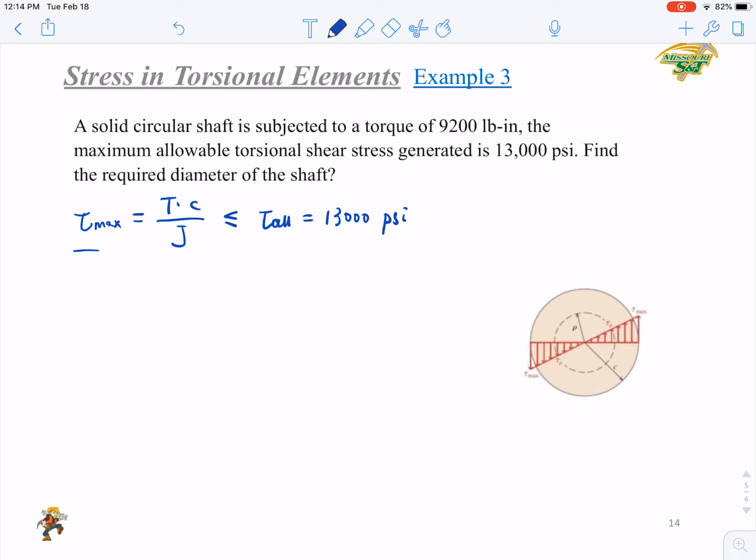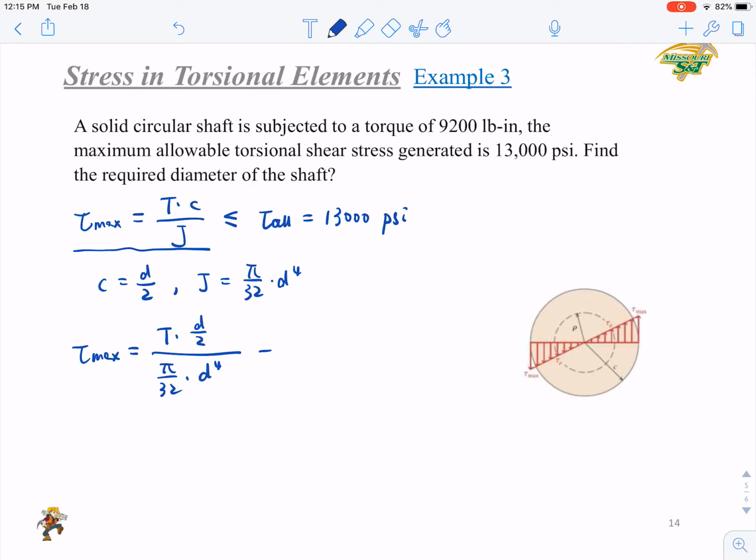Okay, so in this equation, our C equals D over 2, and J equals pi over 32 times D to the fourth. So tau max equals T times D over 2 over pi over 32 times D to the fourth.